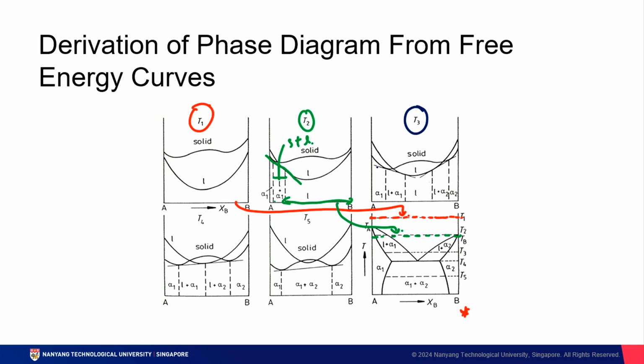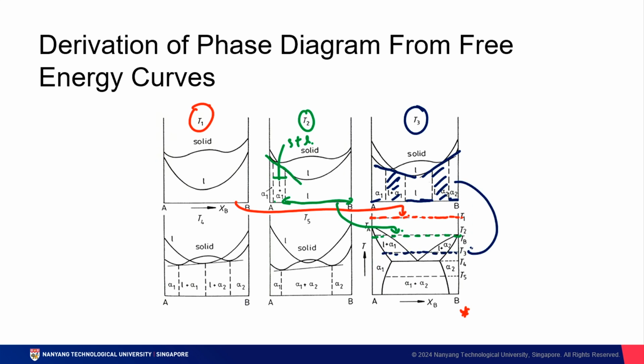We actually can draw two tangential lines between the solid and liquid phase free energy curves. Hence, there are two regimes, here and here, where solid and liquid can exist simultaneously. However, in the middle, this stays in a liquid phase because of its lower Gibbs free energy, and here, it's solid phase.